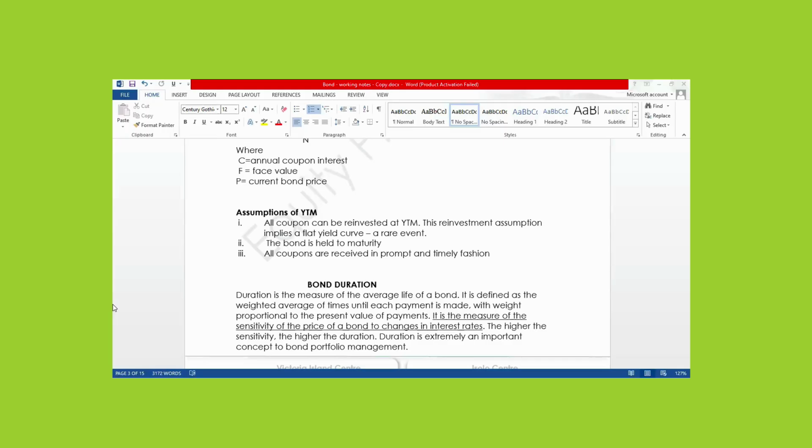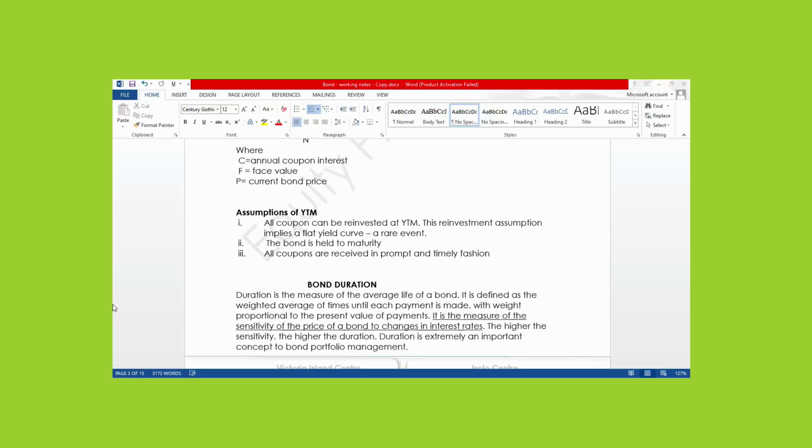It measures the sensitivity of a bond price. Duration measures the sensitivity of a bond value or a bond price to changes in interest rates. The higher the sensitivity, the higher the duration, the higher the risk.